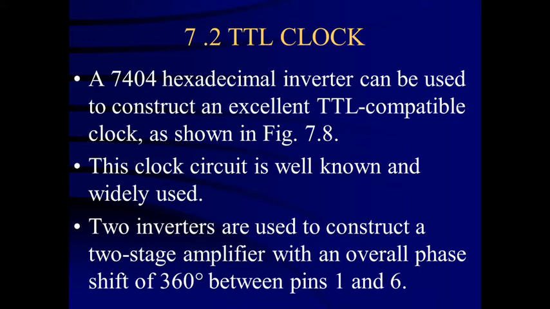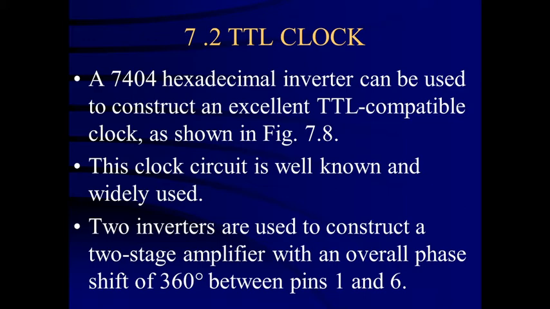That means the phase difference should be 0 or 360 degrees between the input and output waveforms, and that can be provided by the two common emitter configurations. That way we can utilize this TTL circuit as an oscillator circuit, which will oscillate between low and high, or provide a rectangular waveform, either a clock waveform or a square waveform. So we'll be starting with the TTL clock.